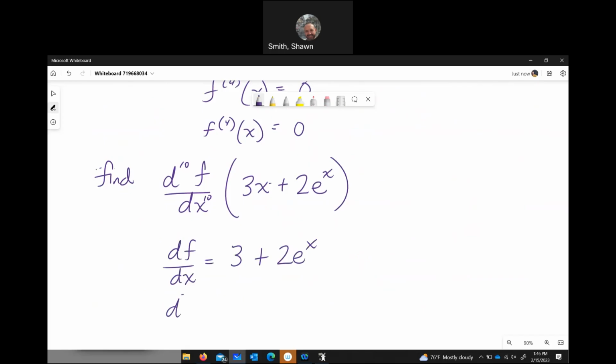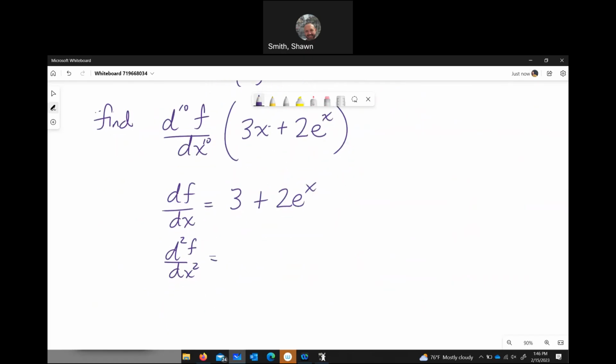That's first derivative. Now second derivative. Derivative of the 3, 0. And derivative of 2e to the x, 2e to the x. What about third derivative?